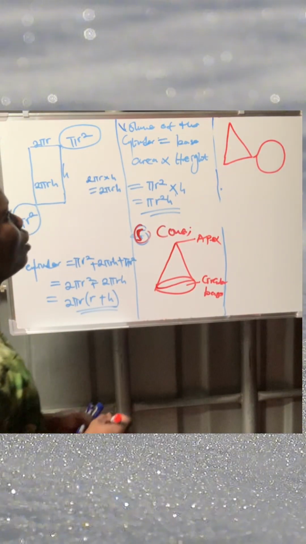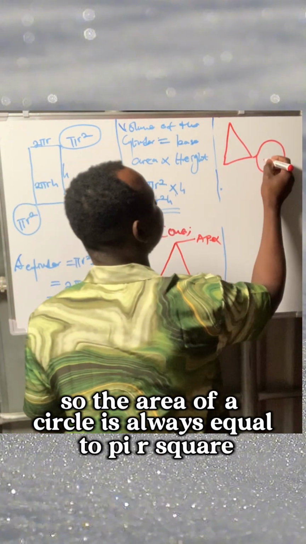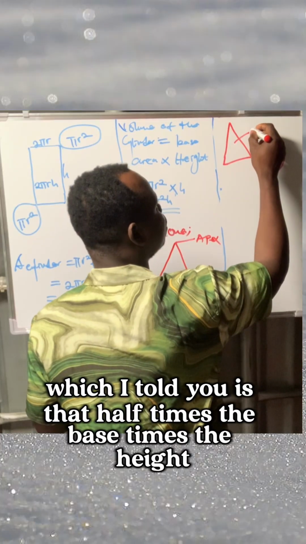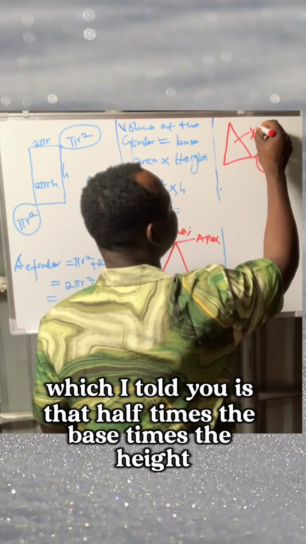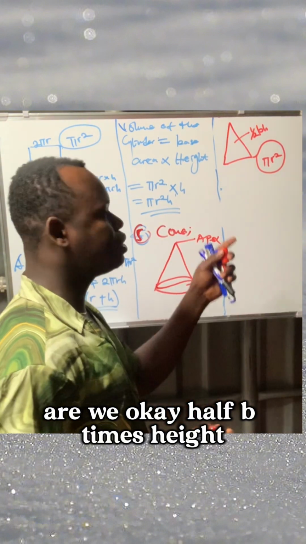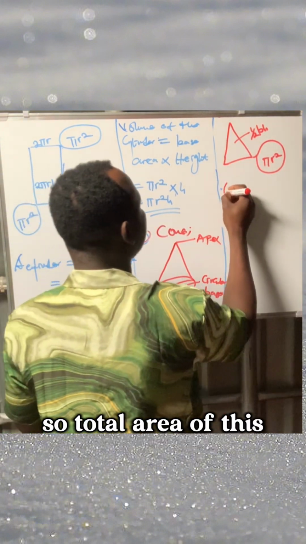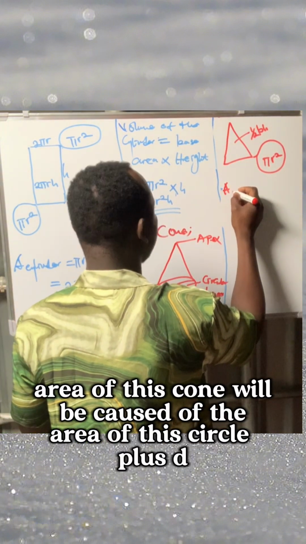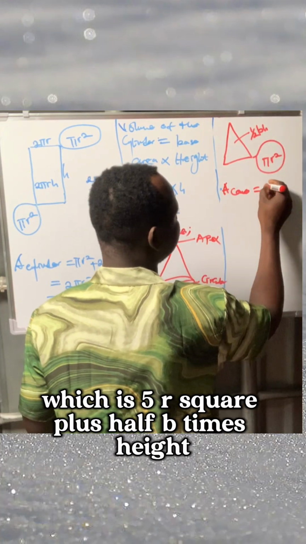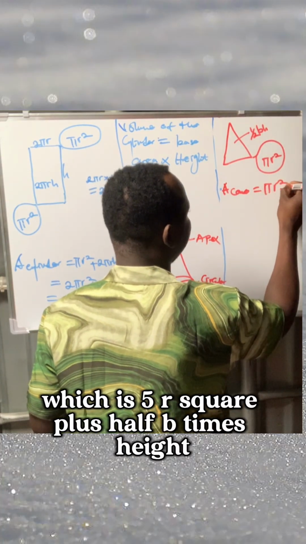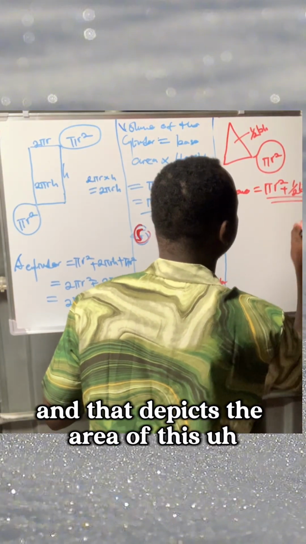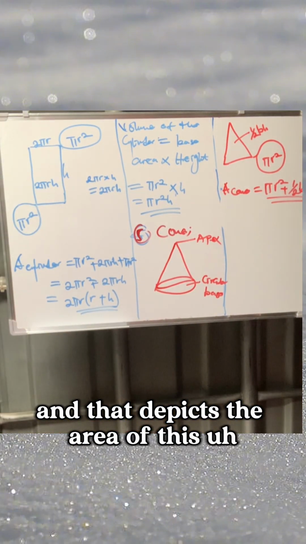Am I lying? The area of a circle is always equal to pi r squared, and the area of a triangle, which I told you, is a half times the base times the height. Are we okay? So the total area of this cone will be equal to the area of this circle, which is pi r squared, plus half base times height. And that depicts the area of this cone.